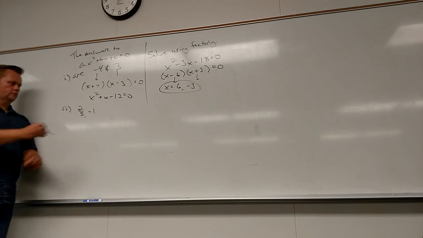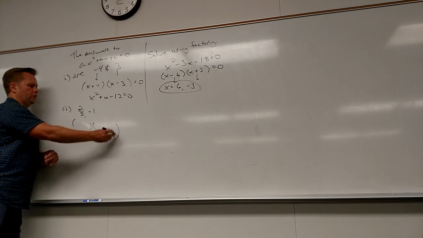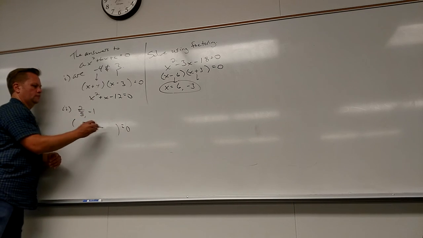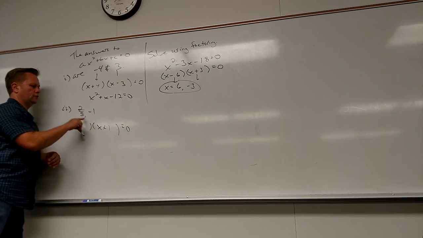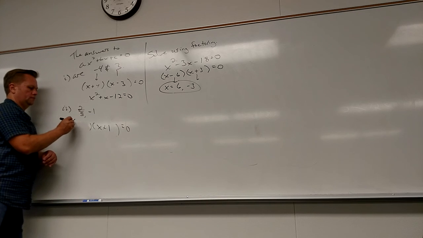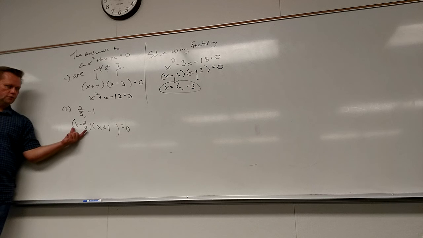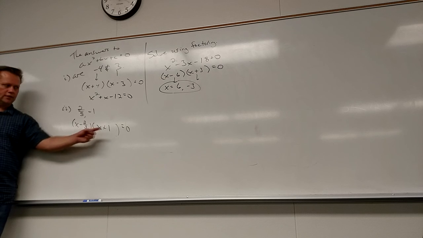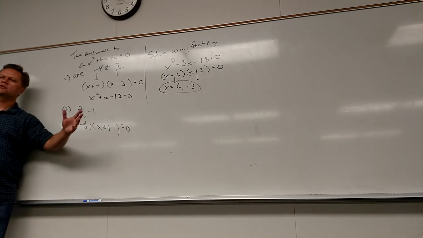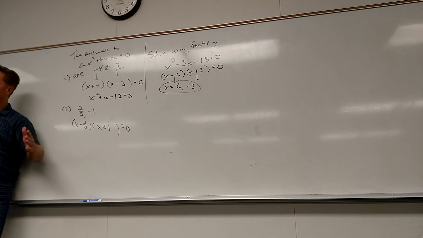So let's start, where would that -1 have come from? X plus 1. Now where would the 2/5 have come from? X minus 2/5. Now, to be honest, we don't see things like this, right? See how that's 0?